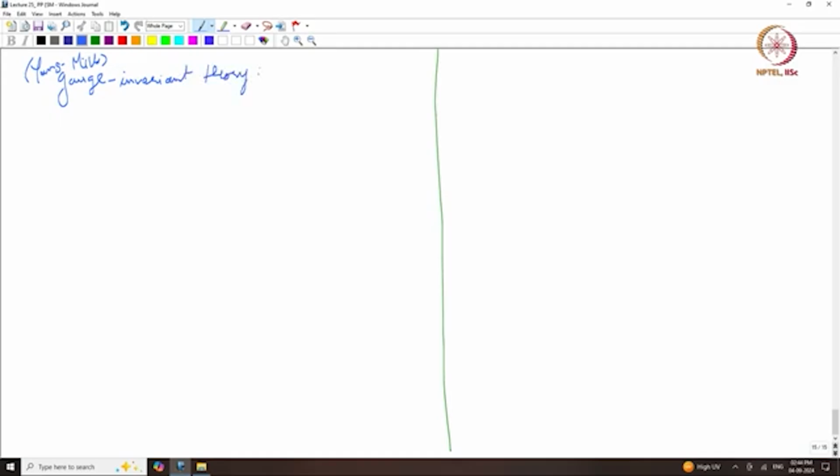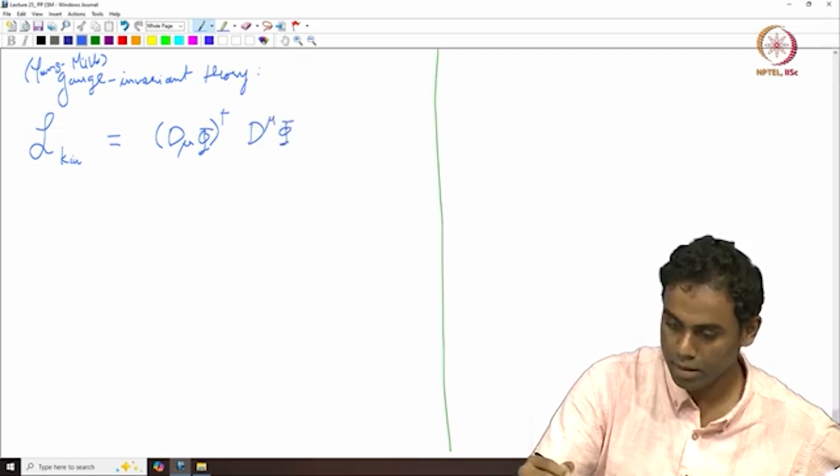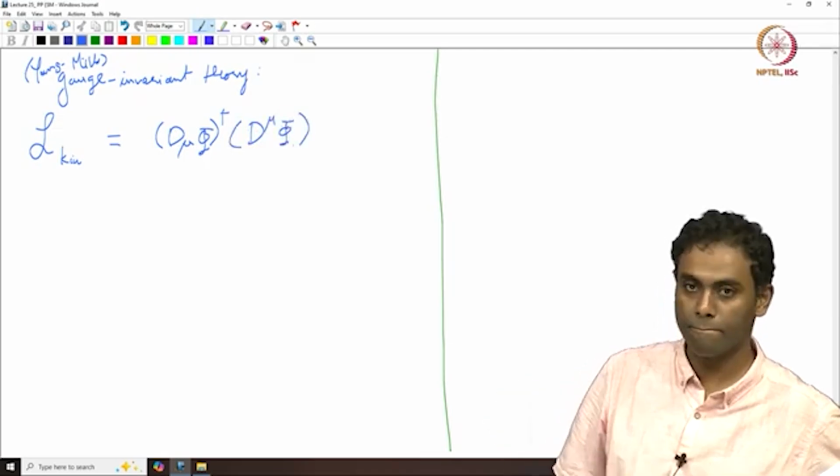It's the kinetic term, correct? And as before, I am going to use a covariant derivative, and contract the indices correctly.